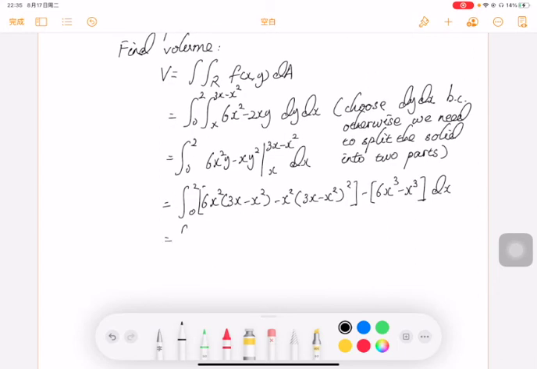We need to simplify this before we move on. Let's take apart all the parentheses. We get 18x cubed minus 6x to the fourth, and then minus x squared times 3x minus x squared squared. That's x to the fourth minus 6x cubed plus 9x squared.